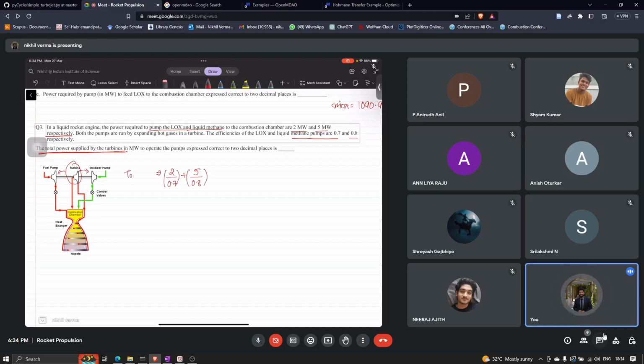This will be equal to the total power. If you calculate this, you will get the value as 9.10714.